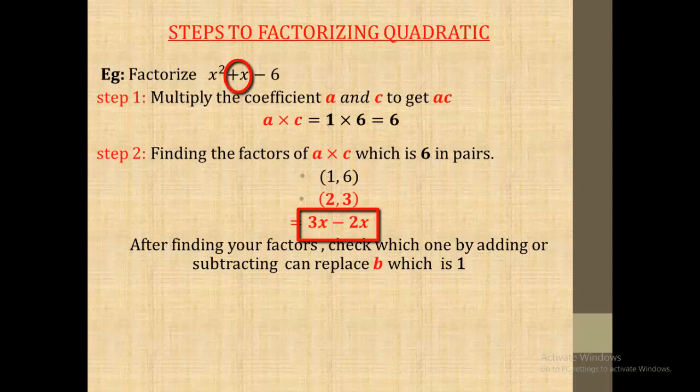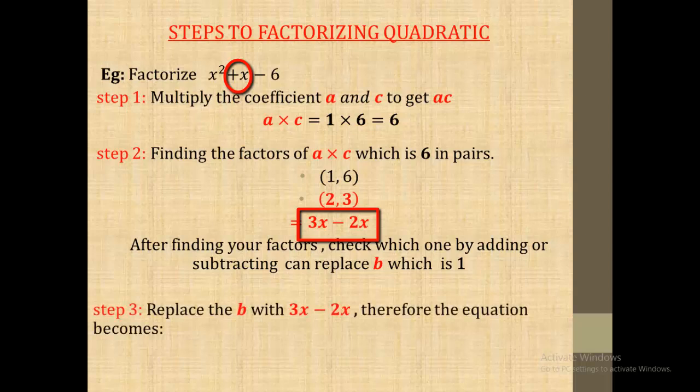So after finding your factors, check which one, either by adding or subtracting, can replace your B, which is 1. After checking, we saw that our second pair can replace the B by subtracting 2 from 3. So after subtracting your 2 from 3, that is the last step, you are going to replace the B, which is the plus X, with 3X minus 2X.